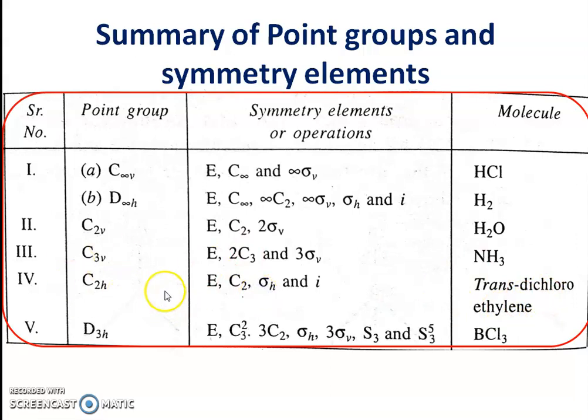And the last point group, that is D3h point group. In the D3h point group, possible elements are identity, then C3(2), then 3C2 secondary axes at right angle to the C3 principal axis, a horizontal plane, then three vertical planes which are passing through the principal axis, and there are two improper rotational axes.